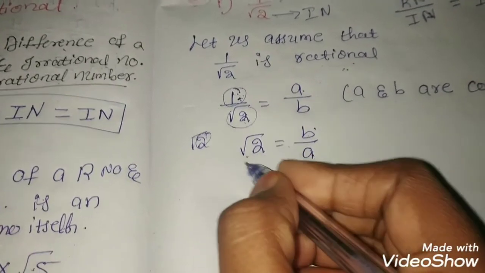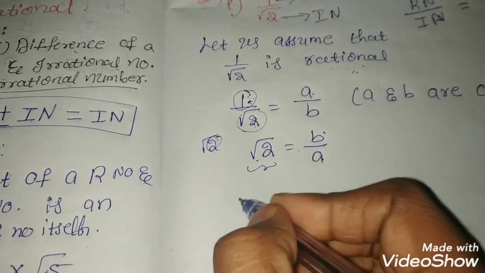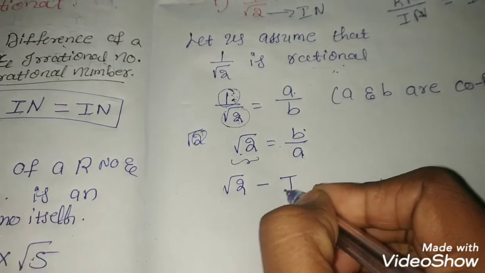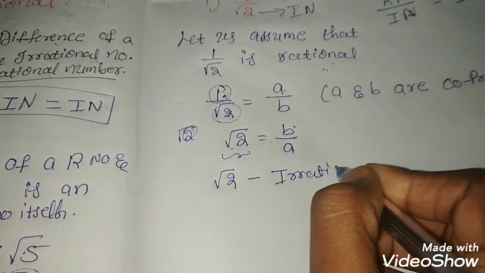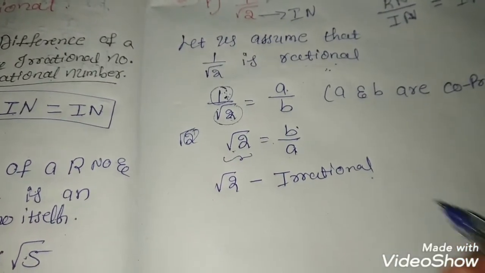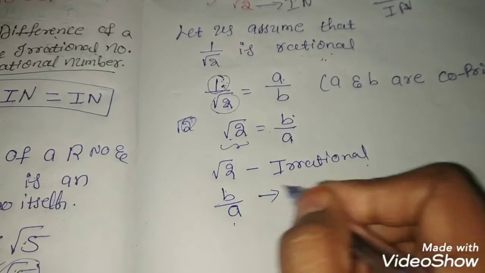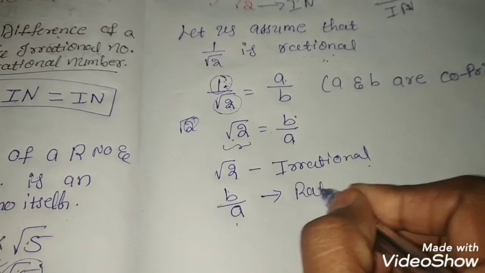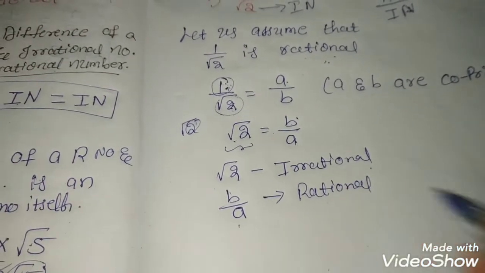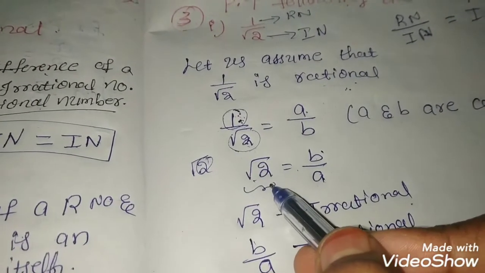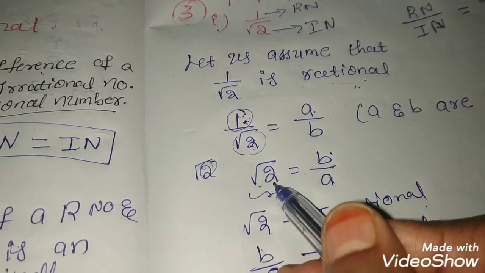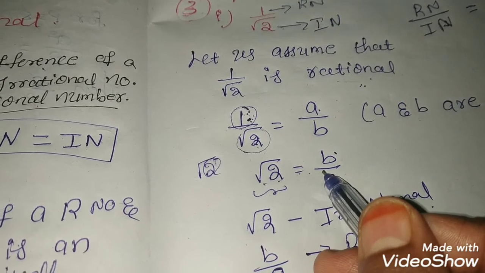Next. See here, root 2. What is root 2 here? Root 2 is an irrational number. And B by A is also what? A rational number. But what is shown here is that one irrational number is equal to a rational number.